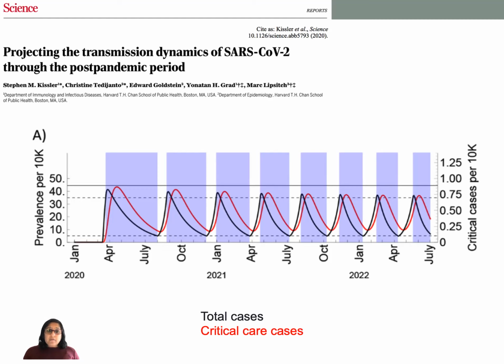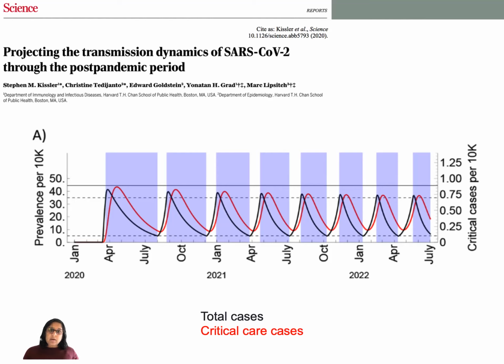So in this model, for example, here is a lockdown where your cases are very low. You release the lockdown, or you relax those restrictive measures, and unsurprisingly, the number of cases shoots up. This is total cases. These are critical care cases that lag by a little bit. And then once they reach some threshold, you lock down again. So the cases go down. Once they're at some lower threshold, you can release the restrictions again.